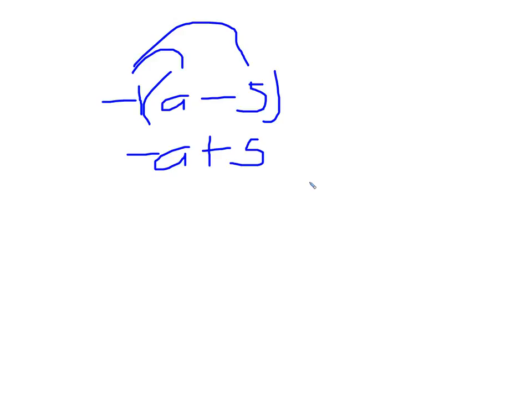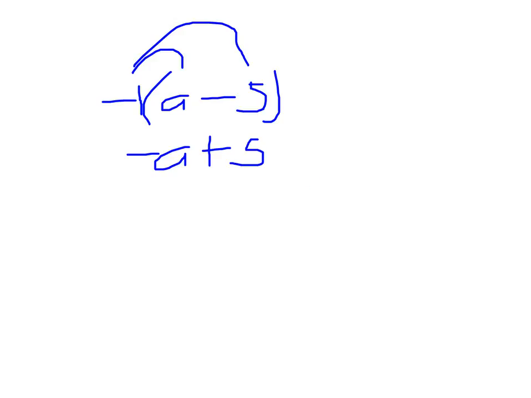I'm going to let you look at example 4. That might be a good idea. And then the last part is about combining like terms. Remember, like terms must have the same variable and exponent combination.